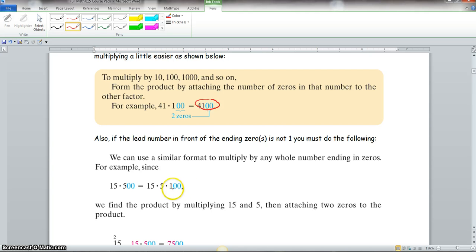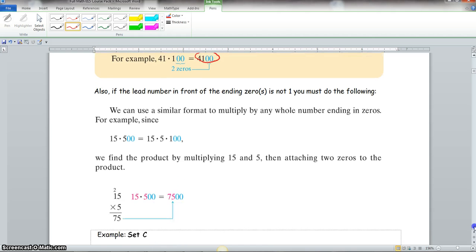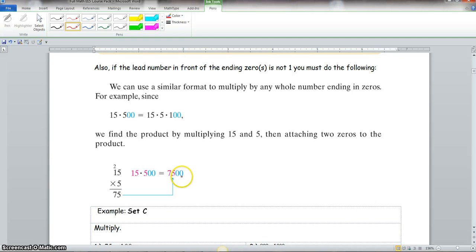Now we end with these two zeros here. So we put the two zeros at the end, and we multiply these numbers here. 15 times 5, we see, is 75. And we know 75 times 1 is 75. So that gives us 7,500.